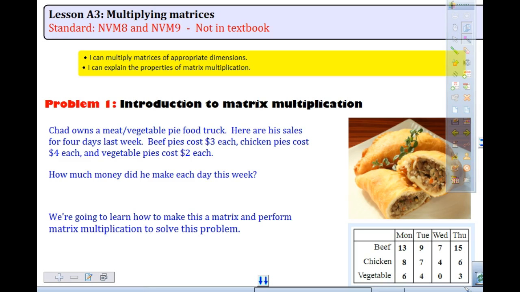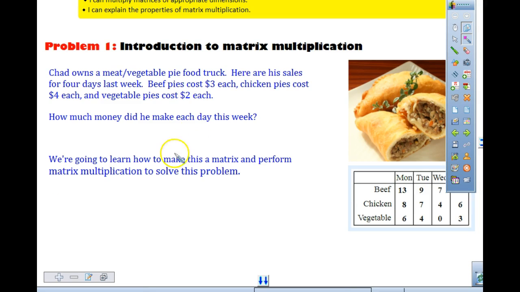Problem 1, Chad. Chad owns a meat/vegetable pie food store. Here are sales reported for days last week. Beef pies cost $3 each, chicken pies cost $4 each, and vegetable pies cost $2 each. How much money did he make each day this week?